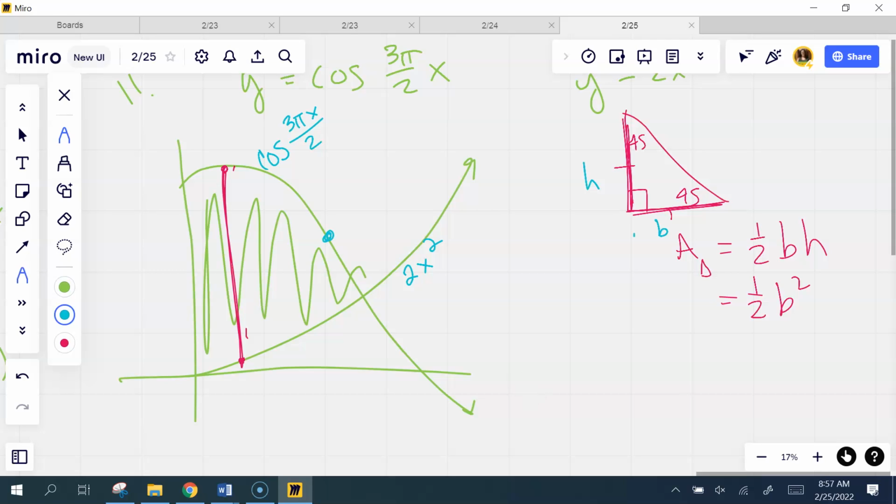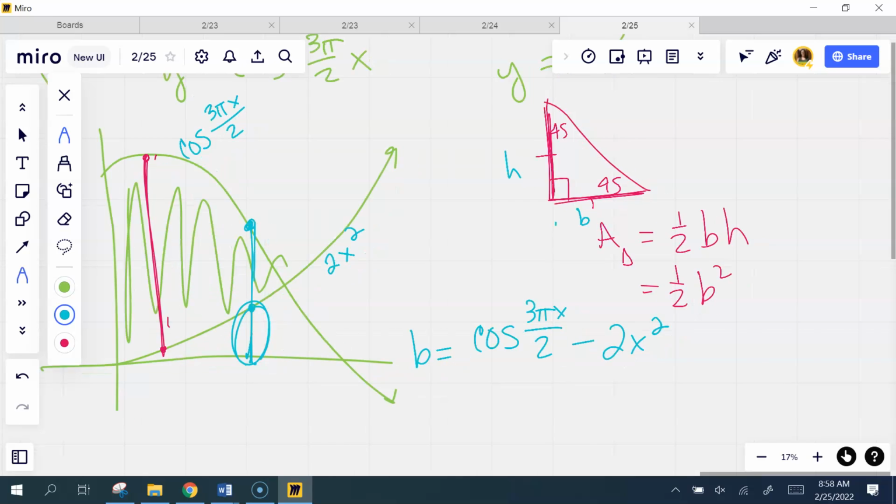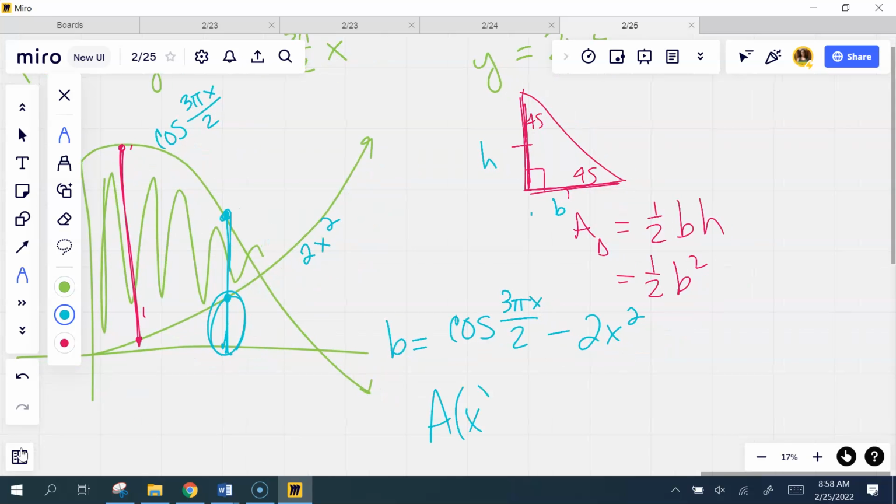So from here down would be cosine 3 pi x over 2. From here down would be 2x squared. So if I take the whole thing and subtract out the piece, cosine 3 pi x over 2 minus 2x squared. But we got to square it, right? The area of my triangle is going to be 1/2 all of this.